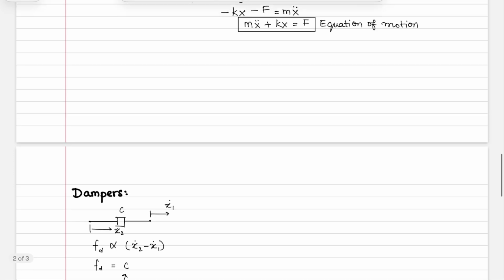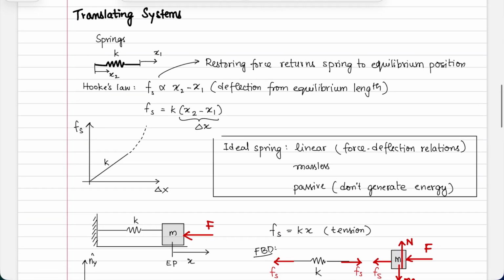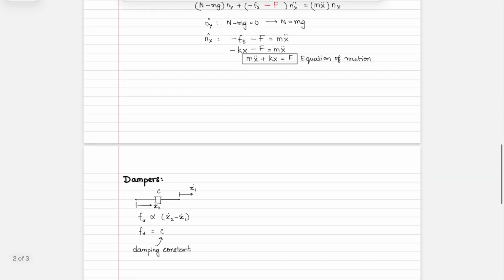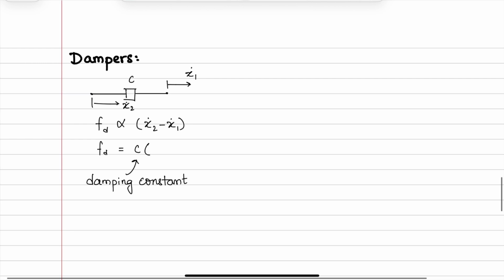Let me just make sure that I also wrote it for the spring. Well, I didn't write it, sorry about that. This here, K, is the spring constant. So in this case, you have a damping constant, a damping coefficient, where it is C times x2 dot minus x1 dot.